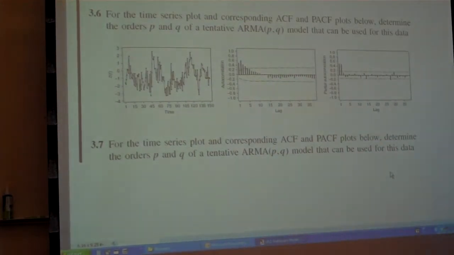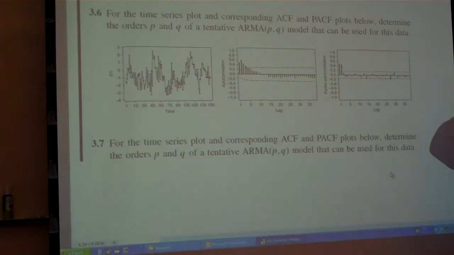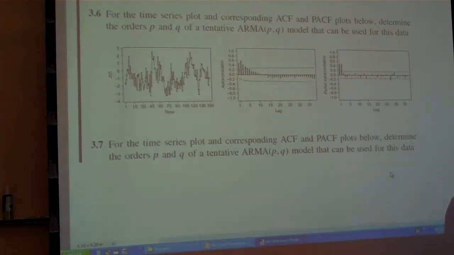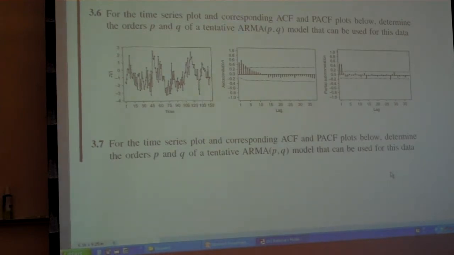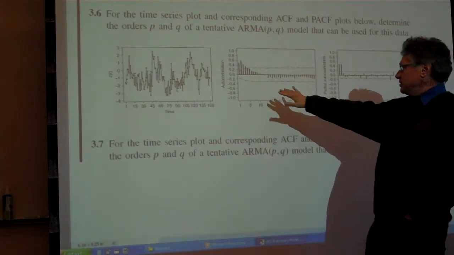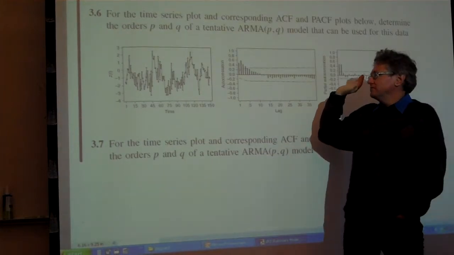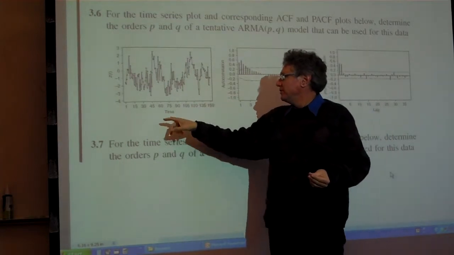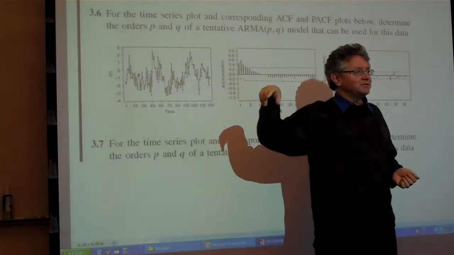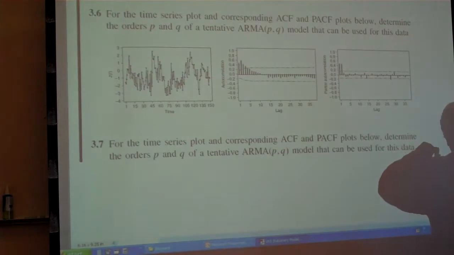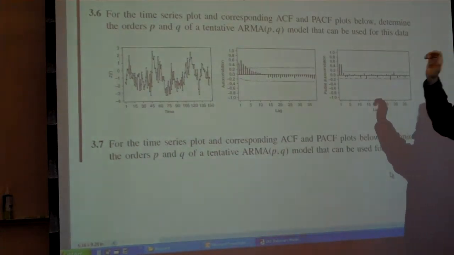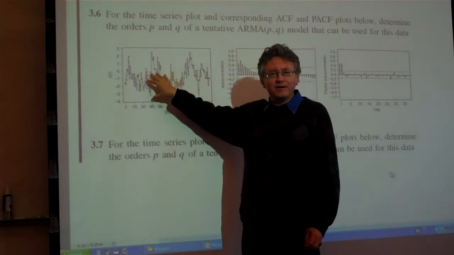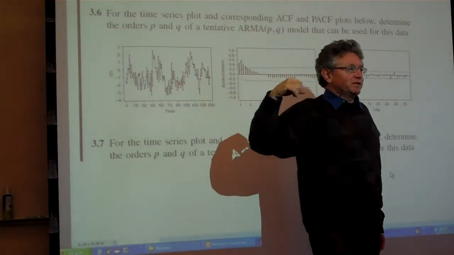Probably the best way to get some intuition about these is to simulate models with different combinations of P and Q, and see not only what the ACF and PACF look like from a sample, but also get a sense of what the time series does, and the kinds of short-term non-stationarity that might arise, especially from moving average processes.